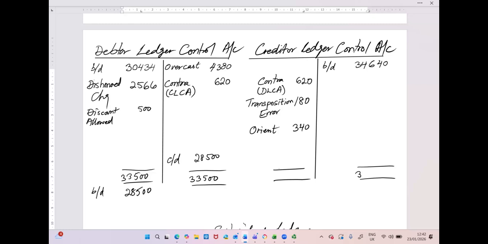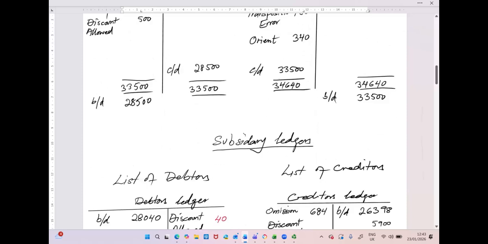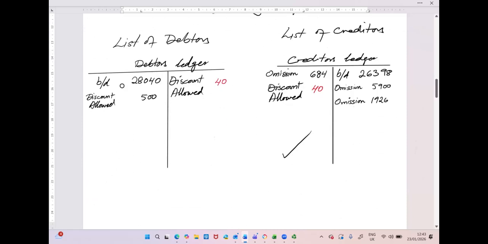This is credit side is bigger, 34640, 34640, and the carried down balance will be 33,500. Brought down will be 33,500. Then going down, let's close the individual accounts.